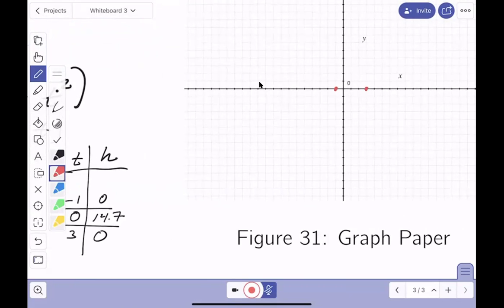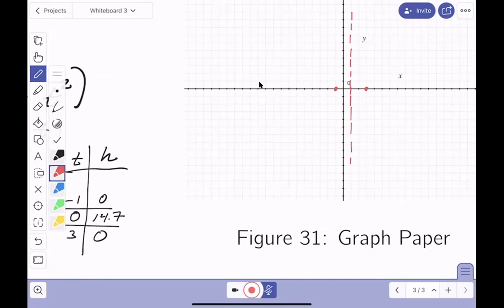I think I can put the axis of symmetry in. And what would that be? The axis of symmetry would be dead center between -1 and 3. And that would be here, right? I know it's tough.